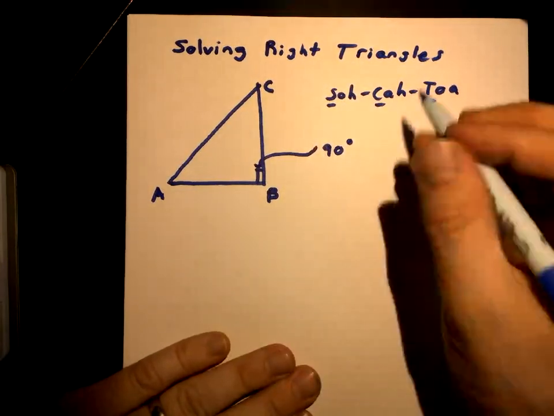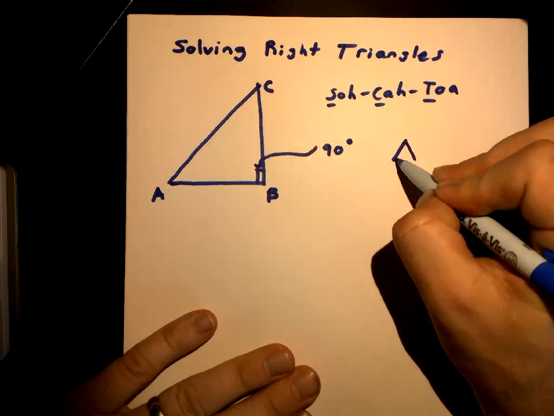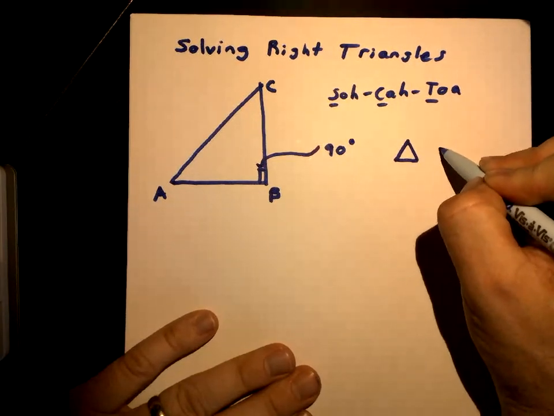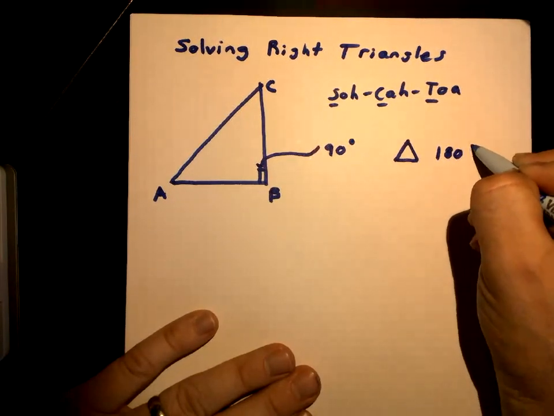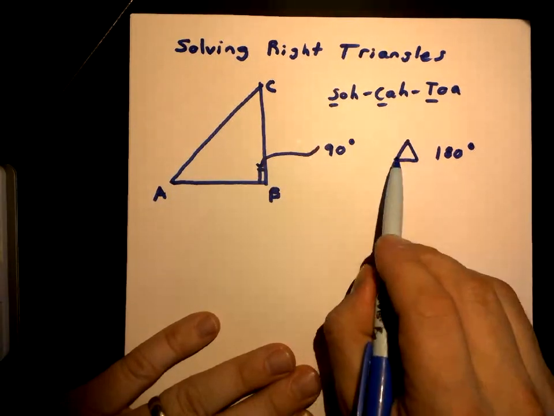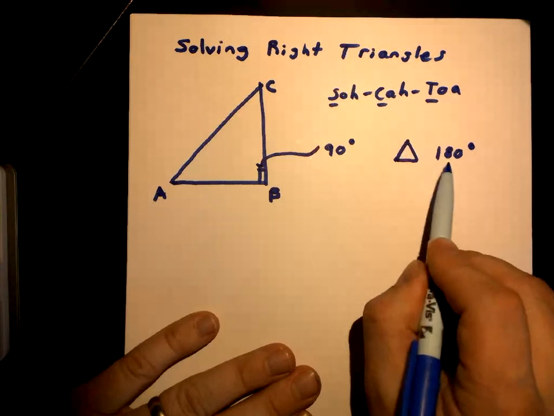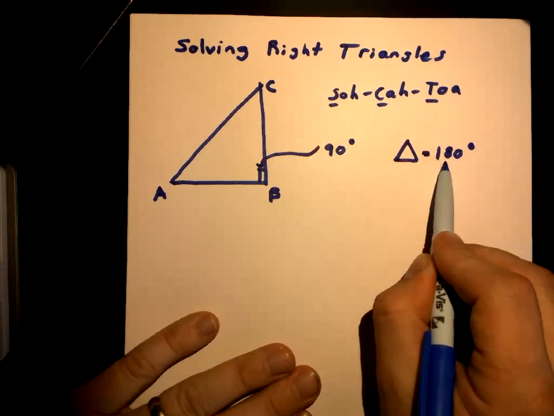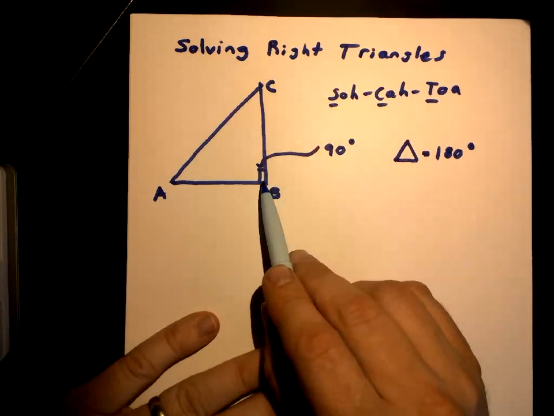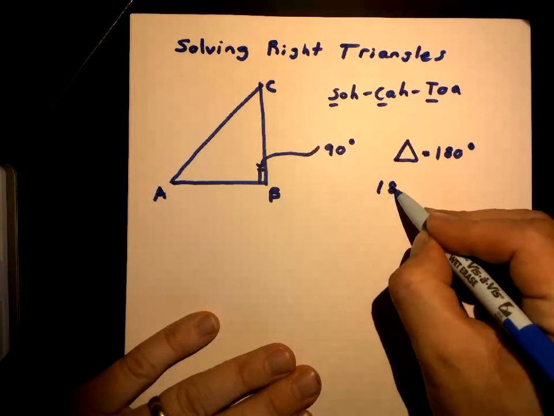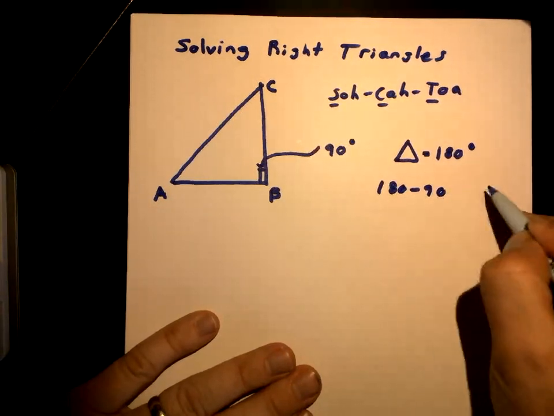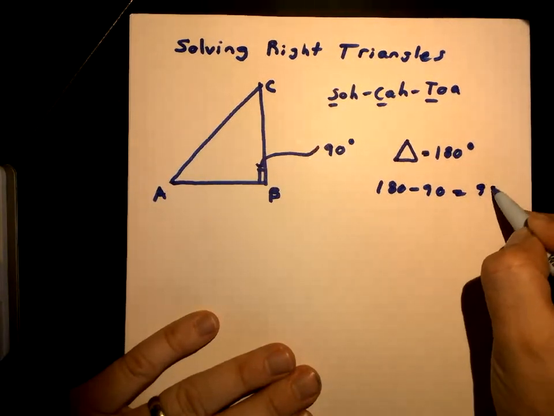So that's 90. Remember that a triangle has 180 degrees. All the angles that add up in a triangle are equal to 180. So if this is 90, we have 180 minus 90, which is always going to be 90.